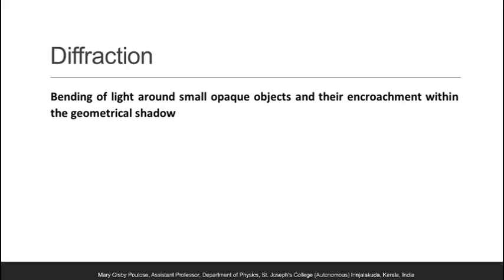But the light can bend around that opaque object and encroach into the geometrical shadow and produce a small amount of light in the shadow. That is why our shadows are not completely black.